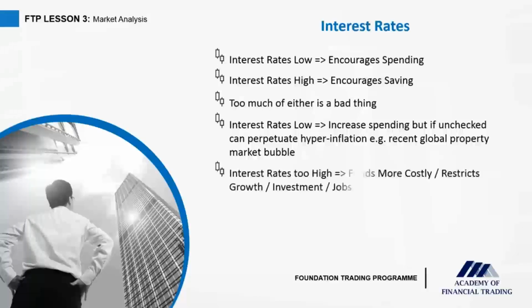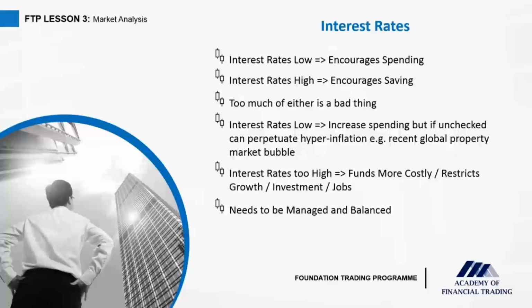So if interest rates are too high, people stop spending and they start saving. And this is also not good for things like job and economic growth. So central banks essentially, guys, have an incredibly important task in order to manage inflation. And they do this using interest rates as a tool to achieve this.